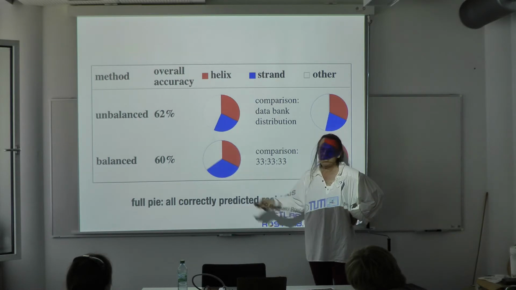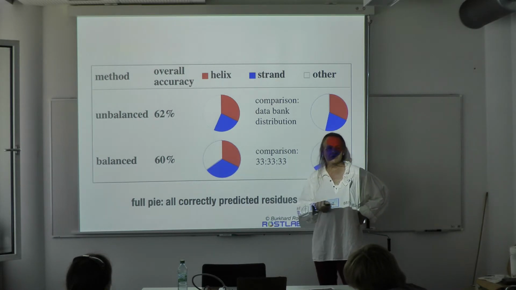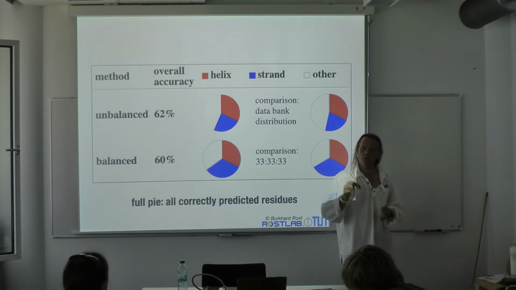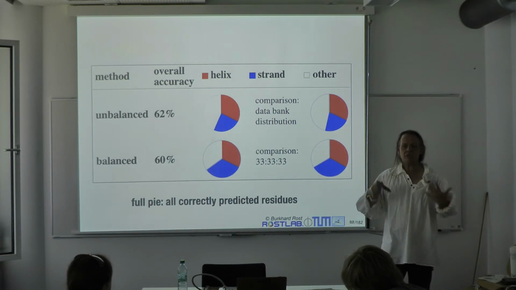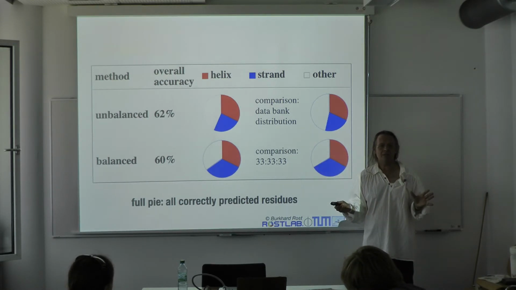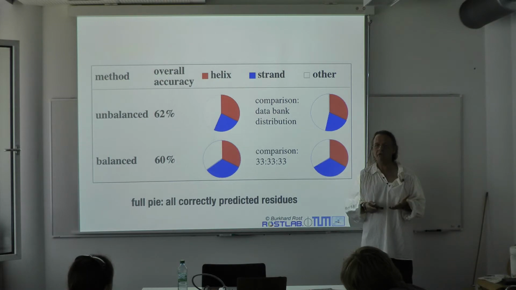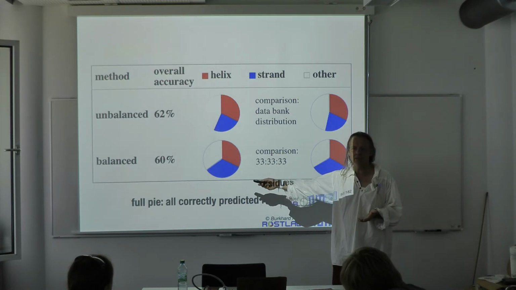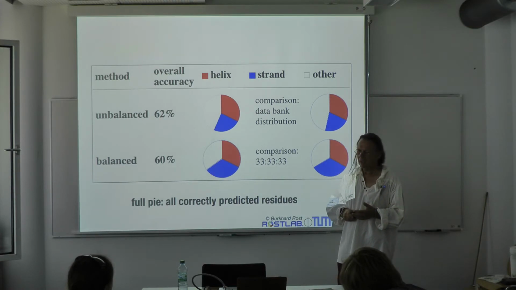Now, you pay a price. The Q3 goes down because the majority class is other. You have now developed a method that is good at doing beta strands, and beta strand is a minority class, and since the Q3 is completely blind to the class, it is dominated by the majority class, so in terms of Q3, you're going to do worse, right? That's the price you pay.